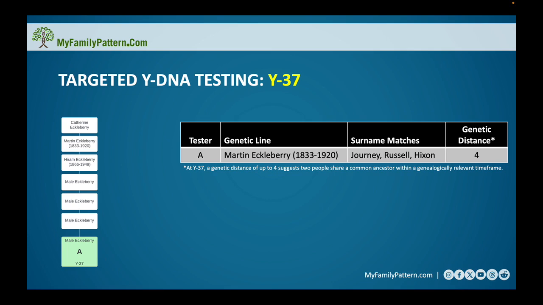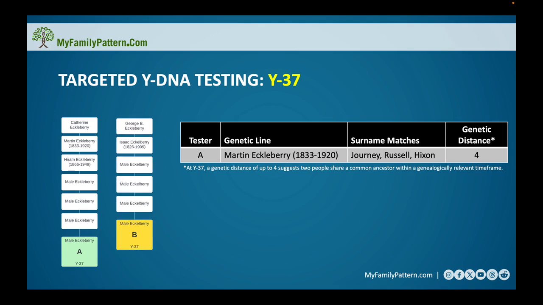Perhaps the name is so unique that they don't need to take a Y-DNA test in order to assess their own ancestry. So what I did was I recruited another Eckleberry to test that is not known to be related to Martin.